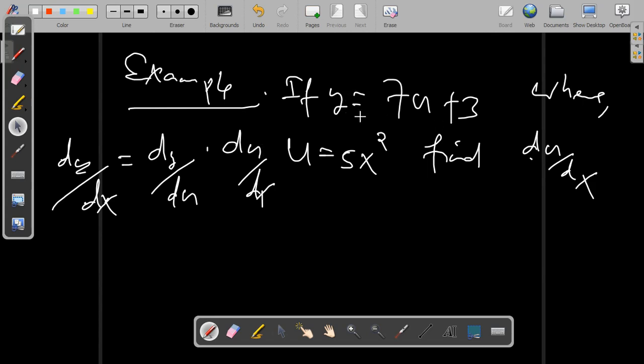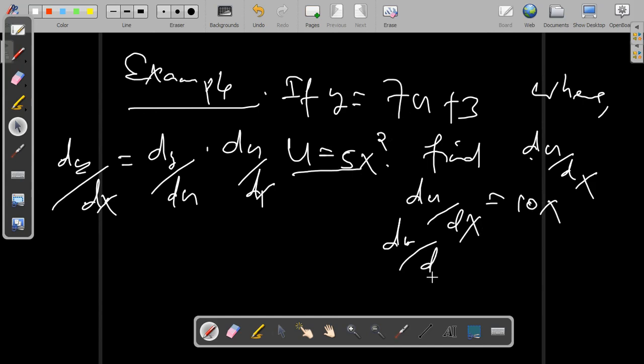From this function, y is equal to 7u plus 3. When you apply the derivative, du over dx will give you 10x, and dy over du will give you 7.